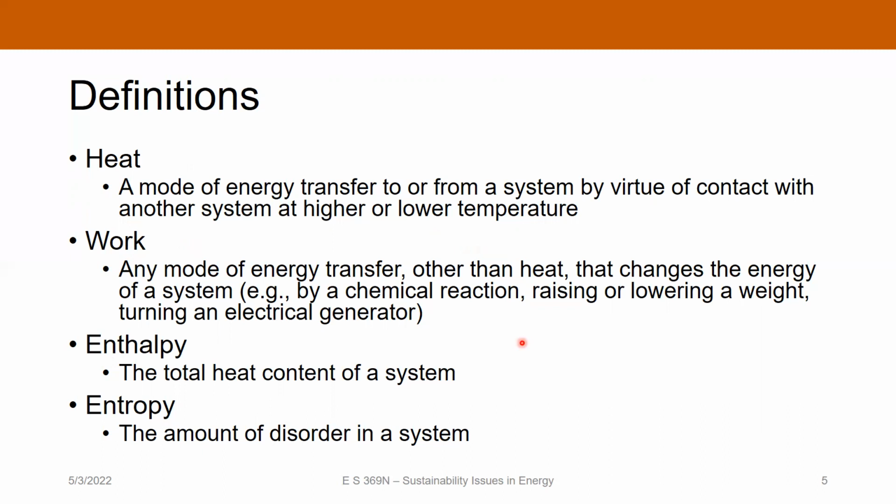Any method of transferring energy that doesn't involve heat transfer. Now enthalpy is the total heat content of a system. And entropy is the amount of disorder in a system. So that's our definitions of the quantities that we're working with here.